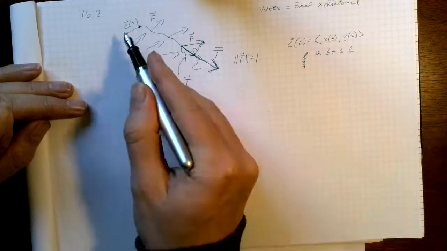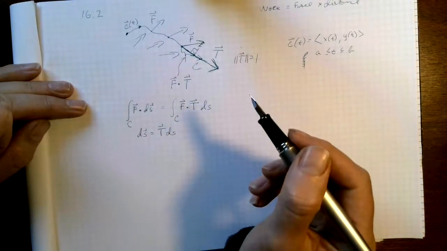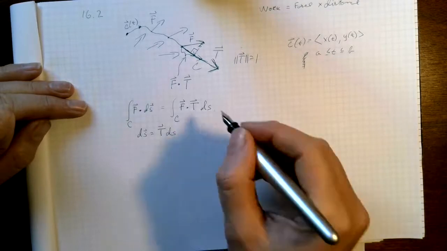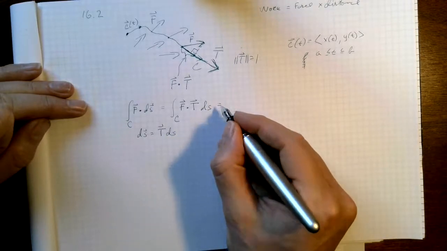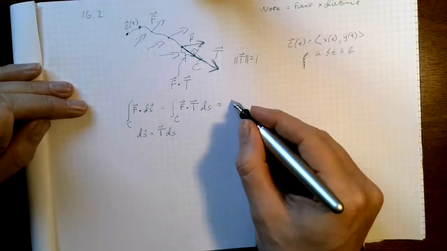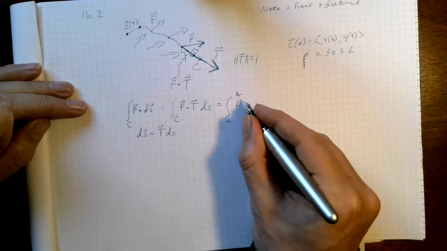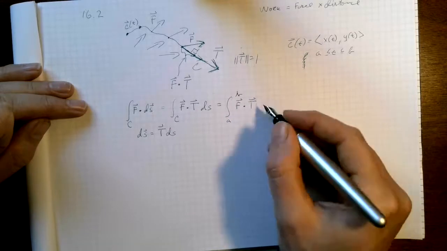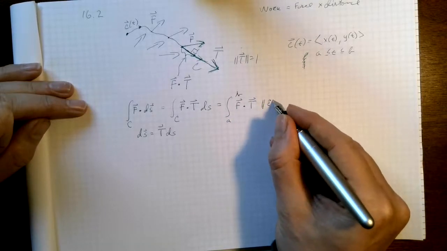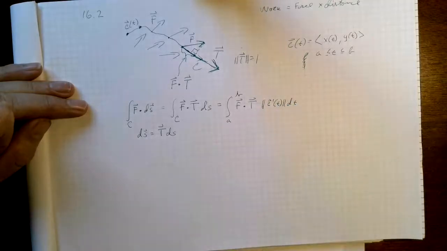At t equals a, we're right here at the start, and at t equals b, we're right at the end of our path. So now, from last time, the definition of what this means is the integral from a to b of F dot T, and now we have the speed, times dt.